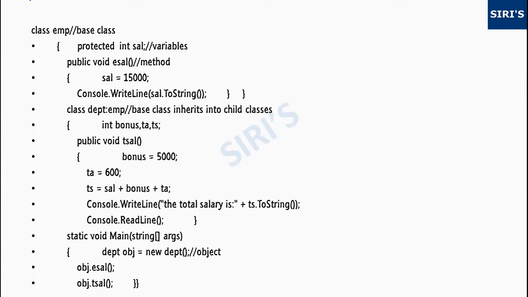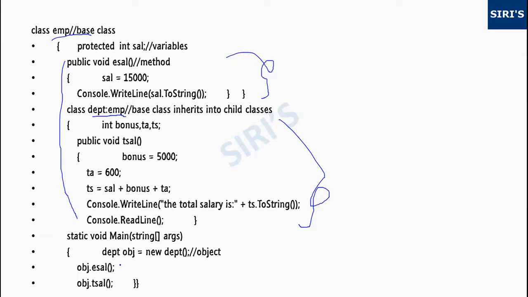If you see, the class is declared as base class and the function and method are declared for that. The function for the base class is declared here, and then we will declare the child class and base class. We inherit the base class into the child class, and we will declare the function for that with console write line.